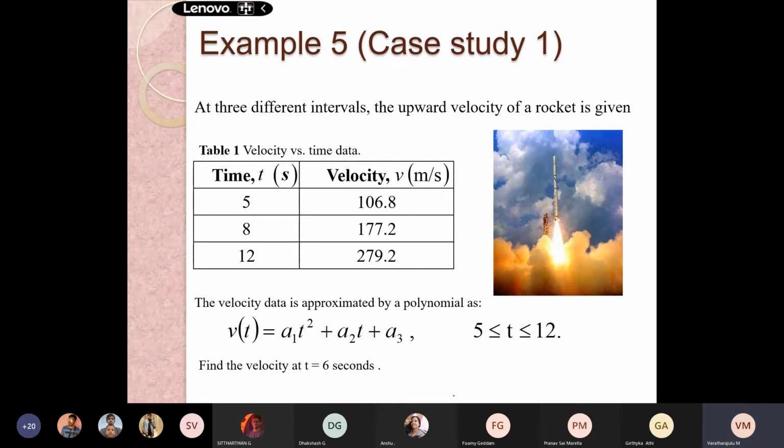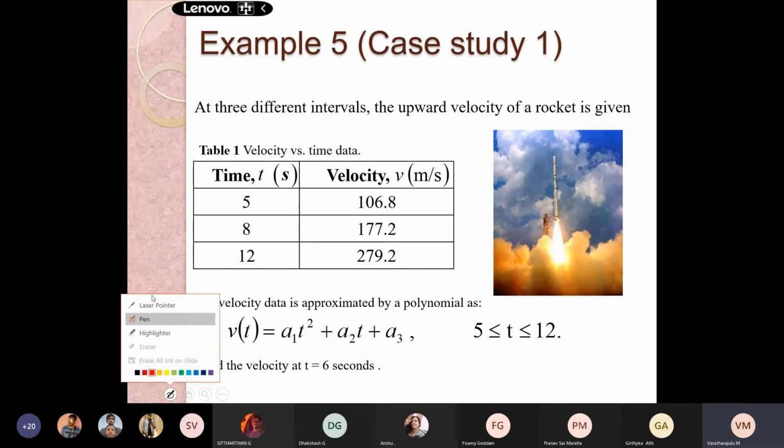Similarly, at 12 seconds, the velocity is 272 meters per second. The velocity data is approximated by a polynomial, a0 t squared plus a1 t plus a2. The t varies from 5 to 12, and we are interested in knowing the velocity at 6 seconds.